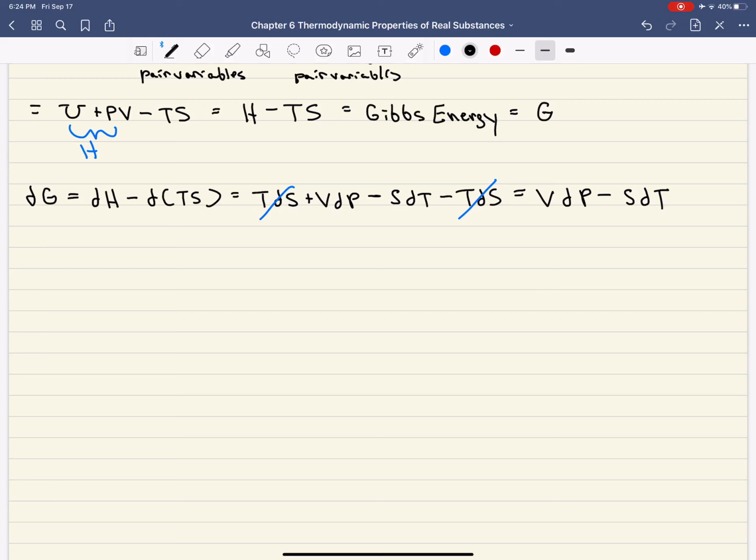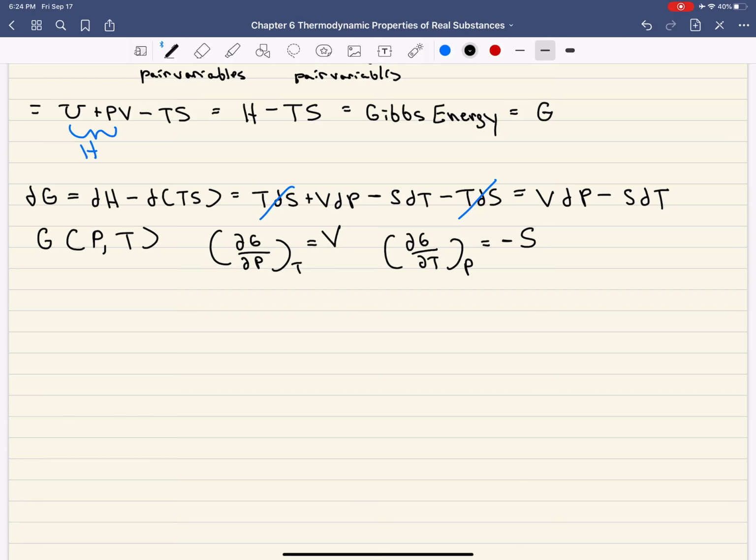Okay? And so for G, the canonical variables are pressure and temperature. Right? And so, like the Helmholtz energy, for Gibbs, both of the canonical variables are measurable things. Okay? For the partial derivative analysis, dG/dP at constant T is equal to volume, and dG/dT at constant P is equal to negative S. Okay?